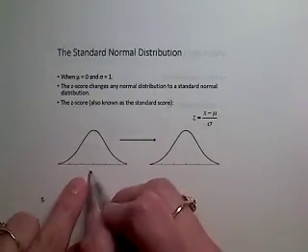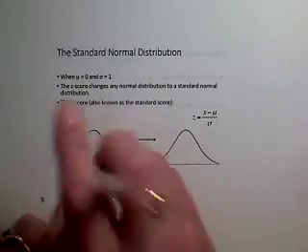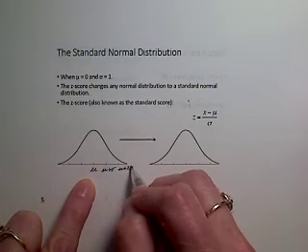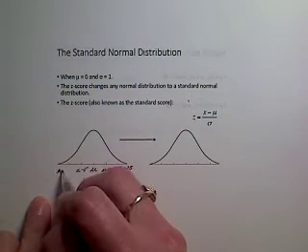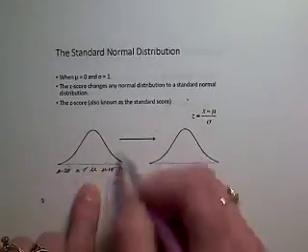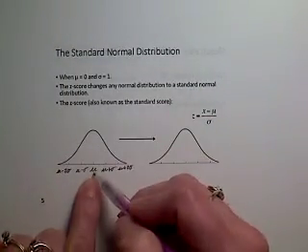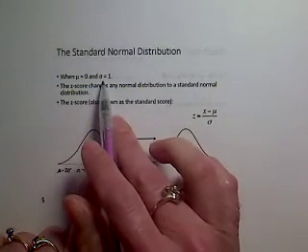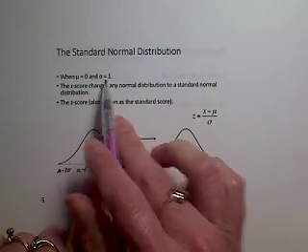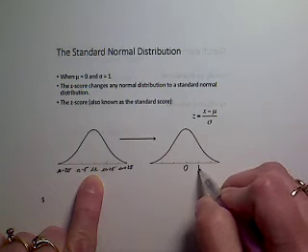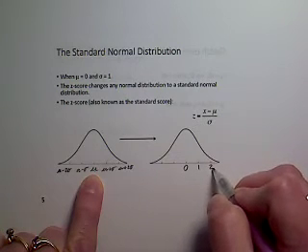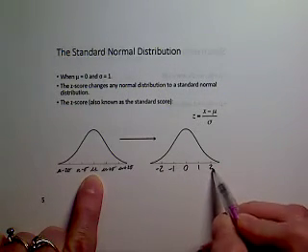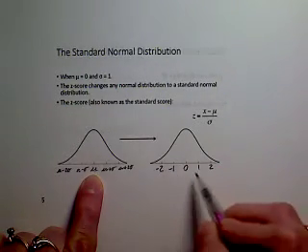So, instead of this whole situation with mu plus sigma, mu plus 2 sigma, mu minus sigma, mu minus 2 sigma, we're going to change mu to be 0, and we're going to standardize it by changing sigma to be 1. So when I add 1, or add 2, or subtract 1, or subtract 2, this is the number of standard deviations from the mean.